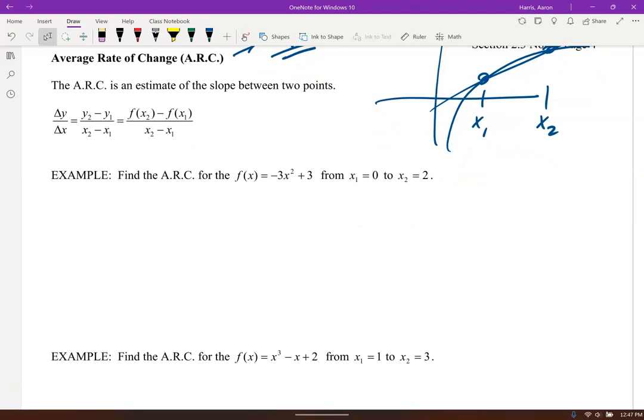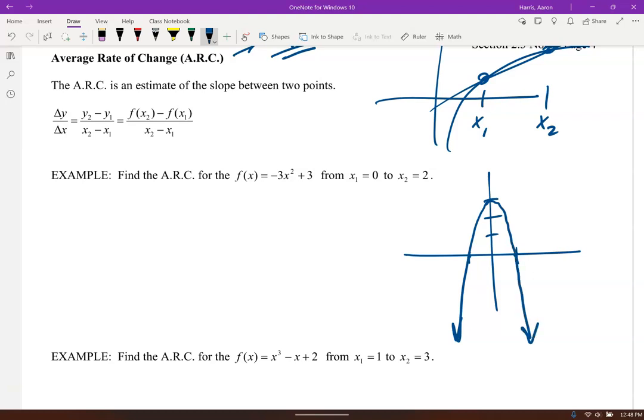So find the average rate of change of negative 3x squared plus 3 from 0 to 2. Let me give you a picture of this. We're going from here down to wherever this is, and we're just finding this slope.